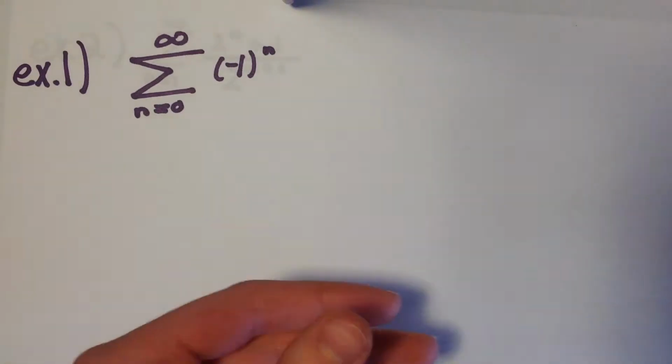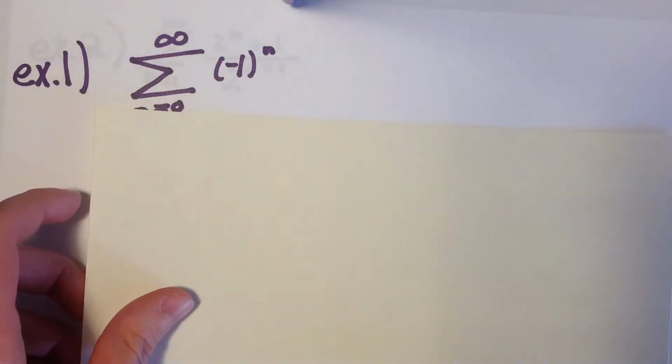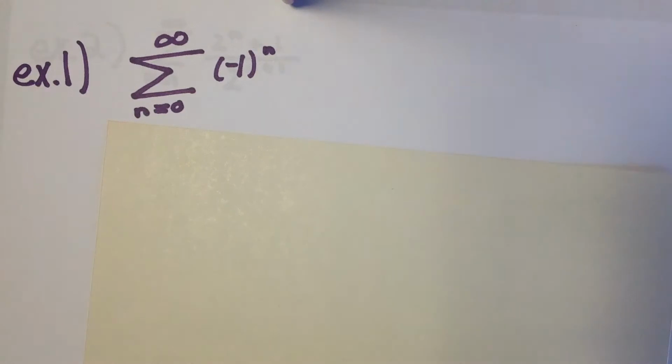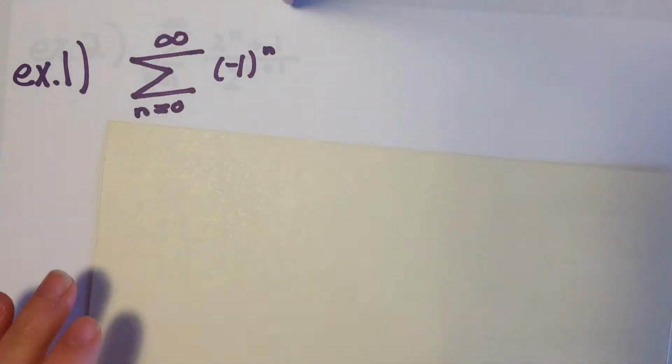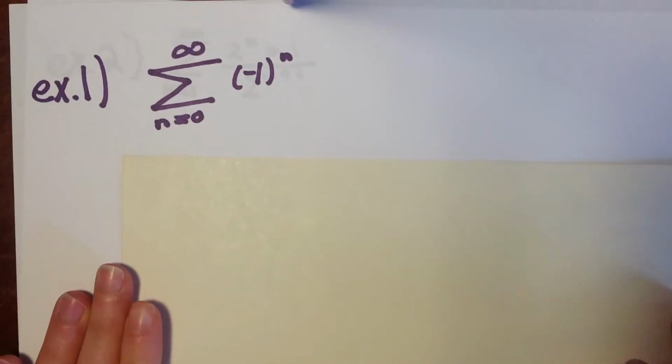So in our first example, just to introduce the nth term test for divergence, we have this series, the sum as n goes from 0 to infinity of -1 to the nth power.